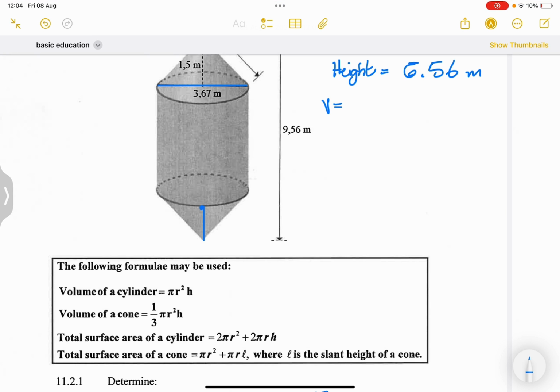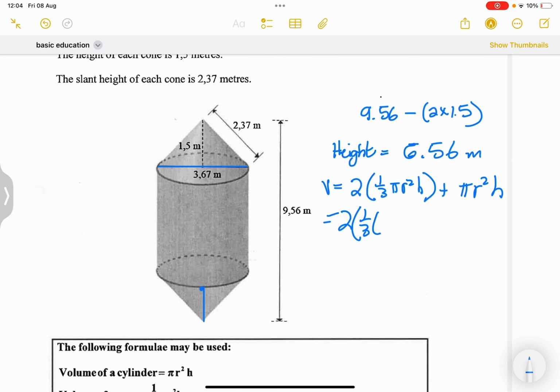So the total volume will be 2 times 1 over 3 pi r squared times h plus the volume of the cylinder, which is pi r squared h. So let's do that. That's 1 over 3.